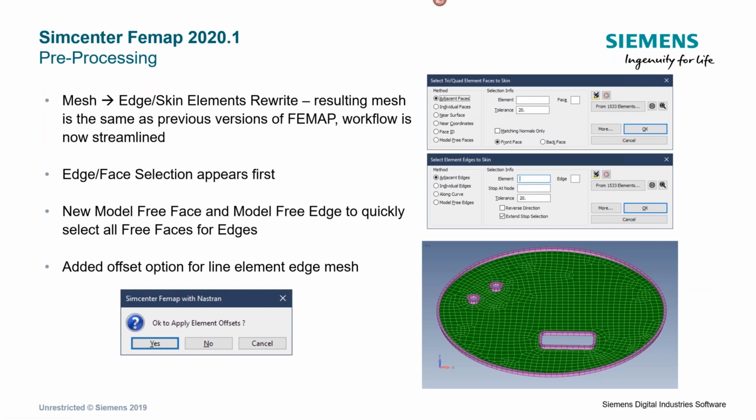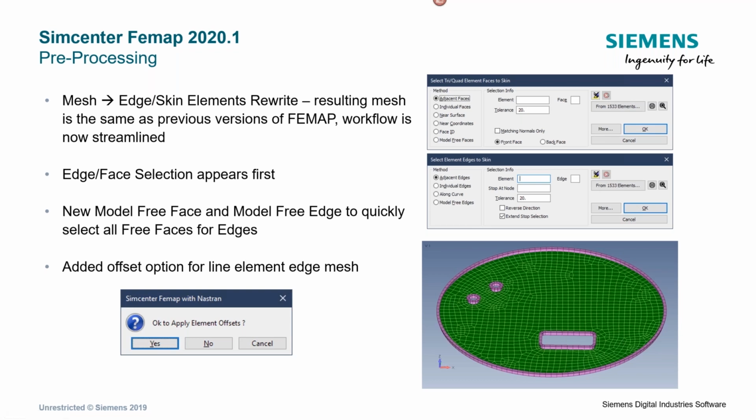Mesh edge skin elements. It has been streamlined, so it's easier to go ahead and run through this command. If you think back to, we'll just say Femap version 11, this would take a couple extra steps. When they added this new selection box, it made it much easier, but now it's even easier.